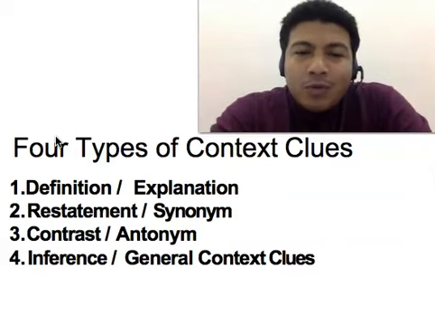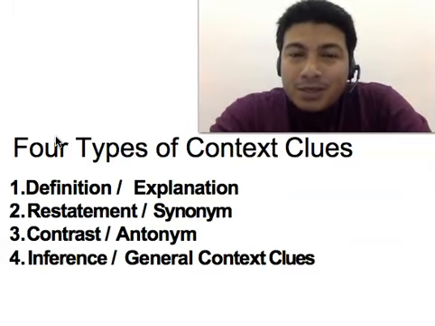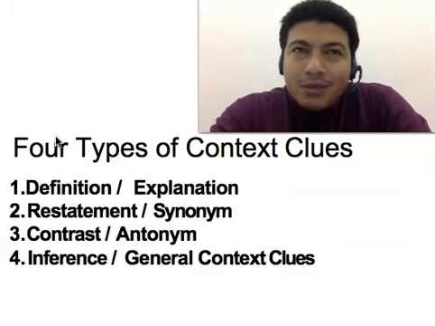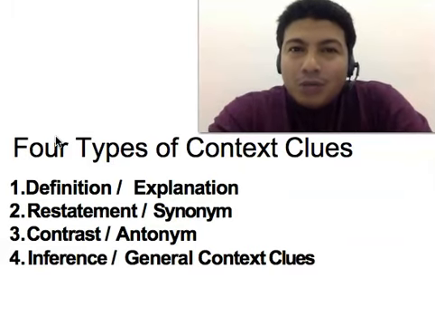And the final way would be to guess the meaning of the difficult word by making an inference. Inference means you make a general conclusion about what the context of the situation is.